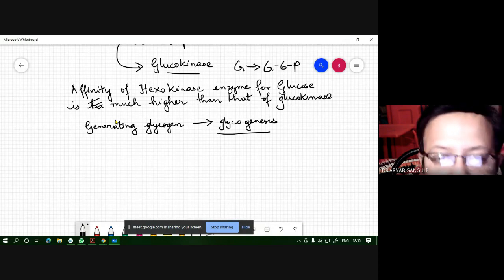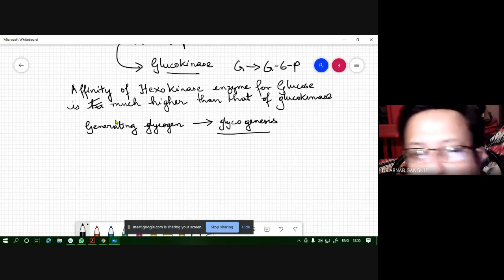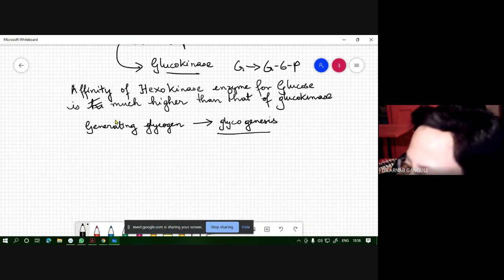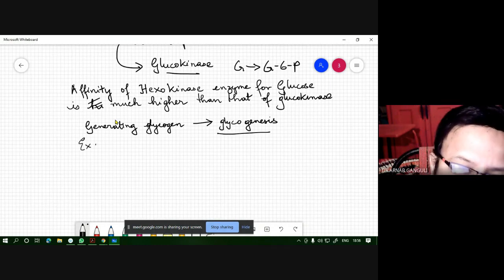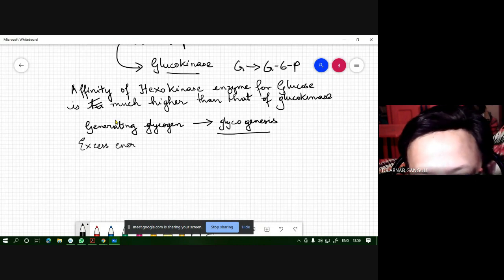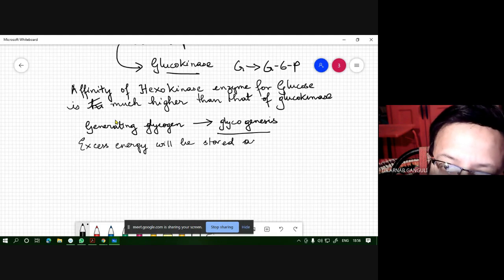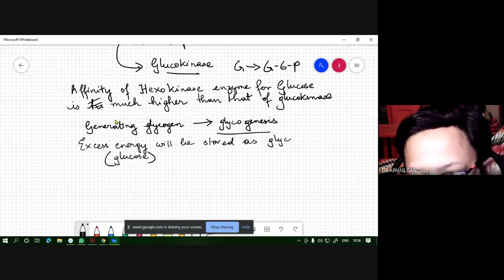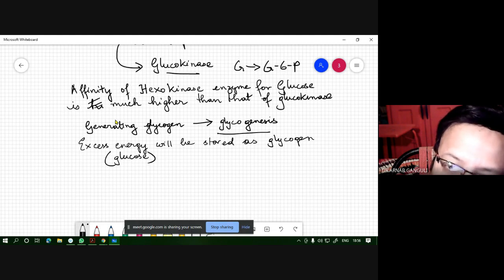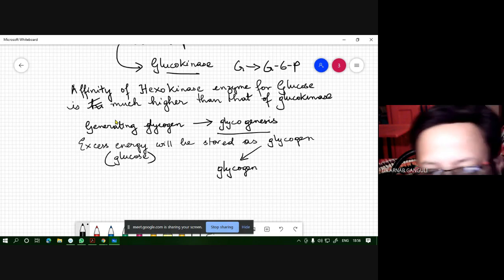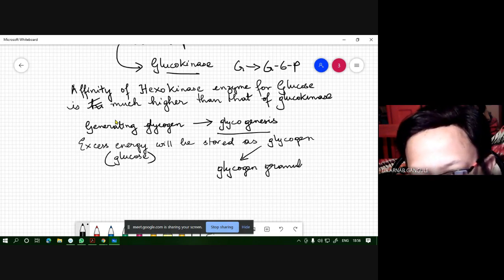So when you have taken a lot of food, a lot of sweets, the sugar gives some energy, but the excess energy will be stored as glycogen. You can say it is stored as glycogen granules in the cytoplasm.